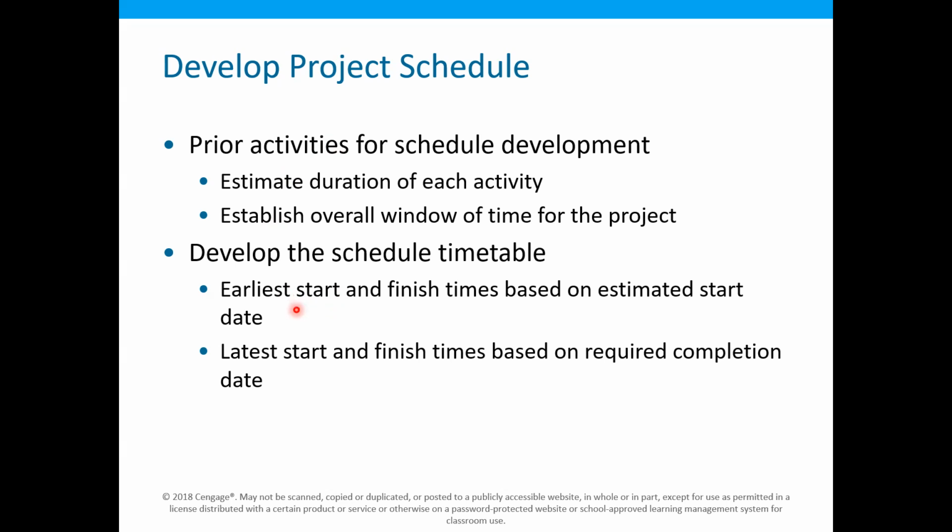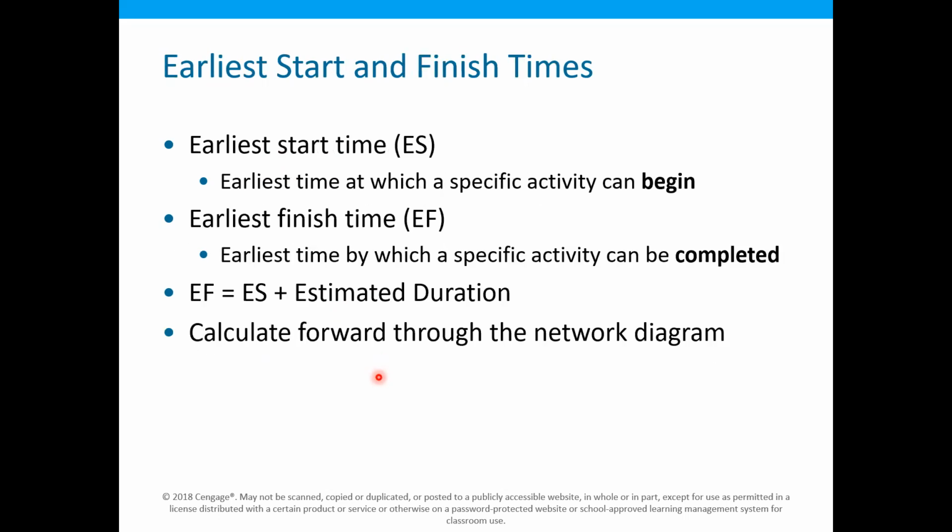In this exercise you calculate the earliest start and finish times based on the estimated start date, and latest start and finish times based on the required completion date. So therefore we have four kinds of times: earliest start time, earliest finish time, and then later on we will see the latest start time and the latest finish time.